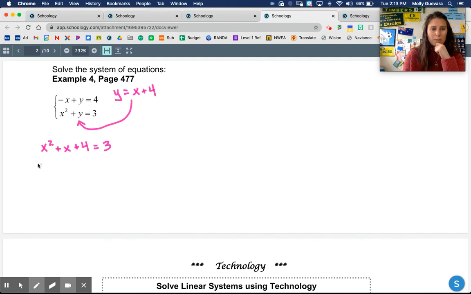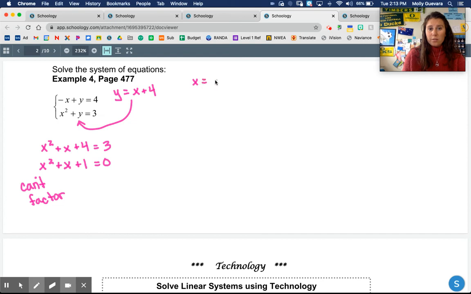Okay, subtract the 3 over and I get x squared plus x plus 1 equals 0. Now, this sucks because this is not factorable, right? There's no number that multiplies to 1 but also adds to 1. So if I can't factor, I have to go quadratic formula.